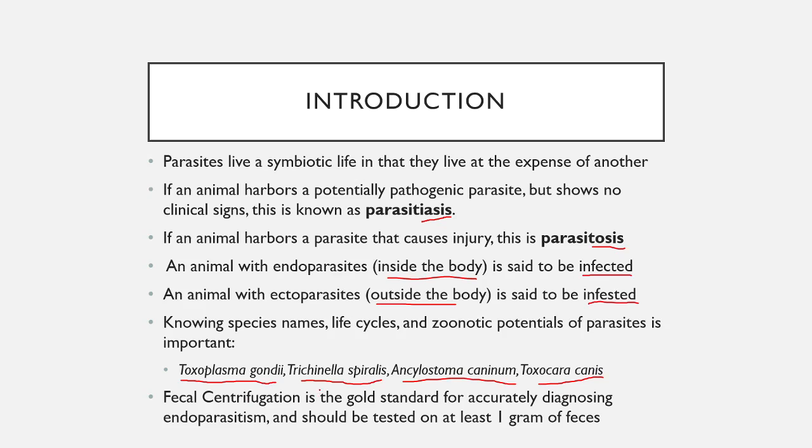Fecal centrifugation is the gold standard for accurately diagnosing endoparasitism and should be tested at least 1 gram of feces. So that's a small amount of feces. This is about to scale, okay?